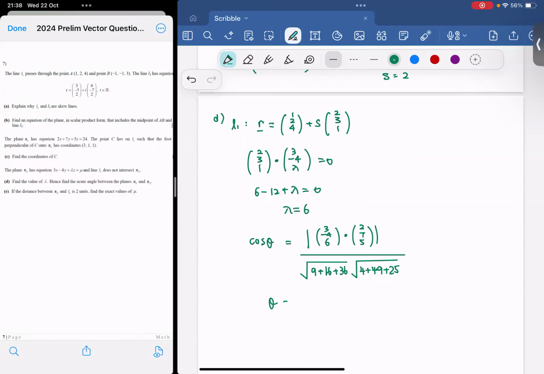So cosine theta equals 8 divided by square root 61 times square root 78. Cosine inverse, the answer is 83.3 degrees.